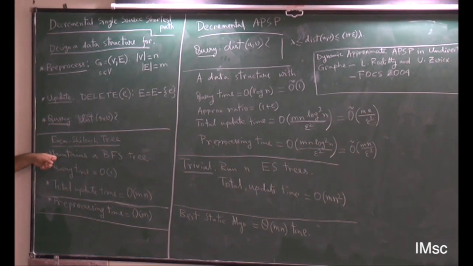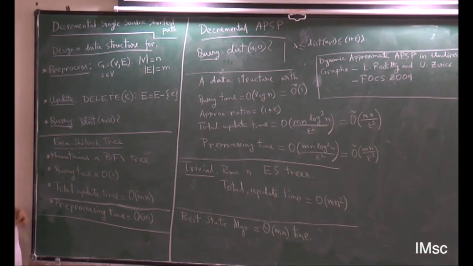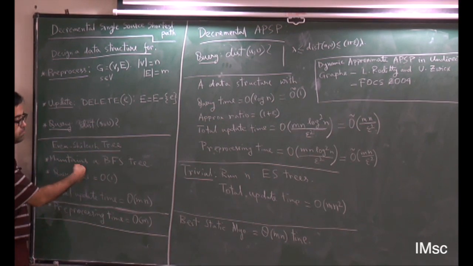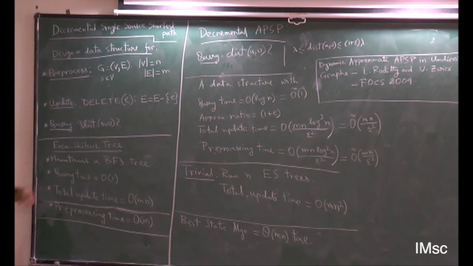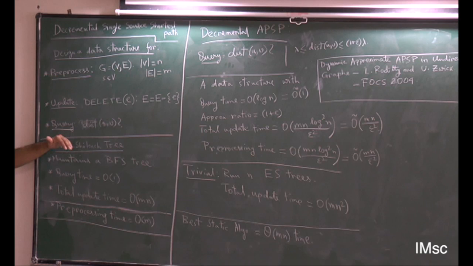We showed how to maintain a BFS tree with total update time mn, but now suppose we modify the problem and you only need to maintain a BFS tree till depth h. Is the problem clear?